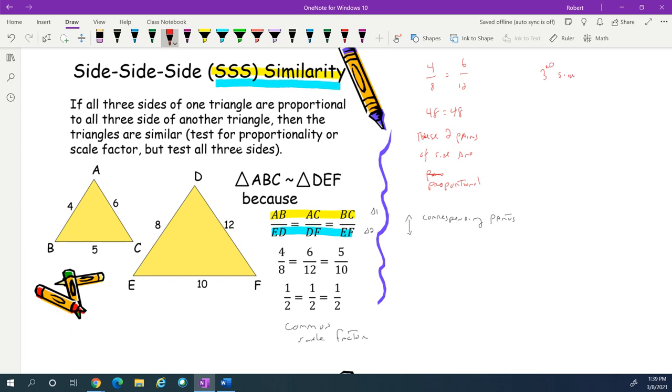So we did 4 and 8, 6 and 12. Now we have to test with the 5 and the 10, but we have to reuse another pair. So for example, reuse the 6 and 12. We get 60 equals 60. Again, that worked. So now our third side is proportional.